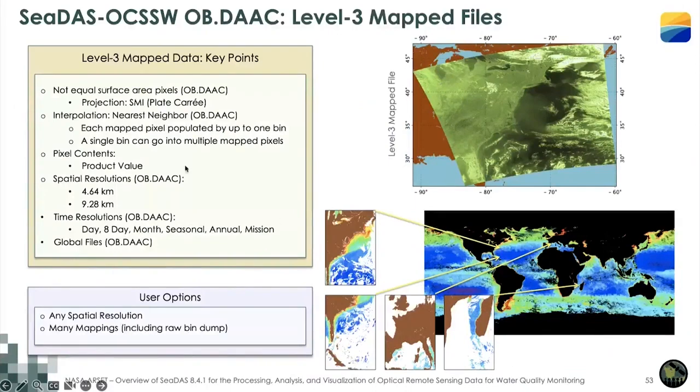With mapping, you have much more options. You're not really restricted to dividing the world up into little equal areas. You have tons of projections to choose from. The default is plate carrée, which has vertical and horizontal lat-long lines that are evenly spaced, but they're not equal area.